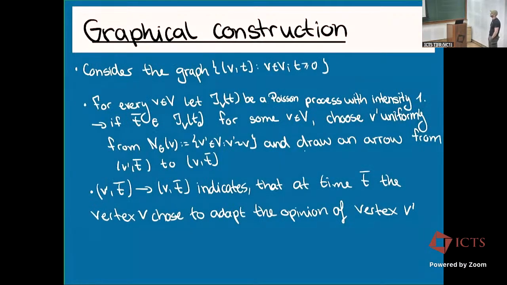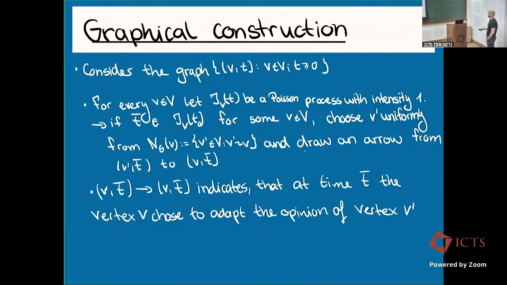A very classical way to construct these interacting particle systems is the graphical construction, where you consider the following graph. So on the x-axis, you have the vertices of the graph, and then on the y-axis, you have the positive real line that indicates time. And then for every vertex, you have a Poisson process with intensity 1.